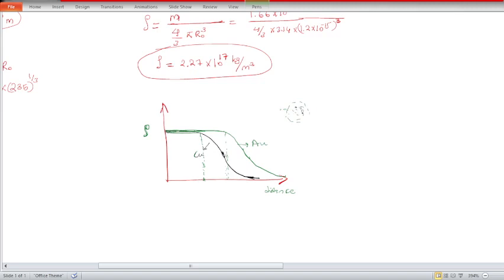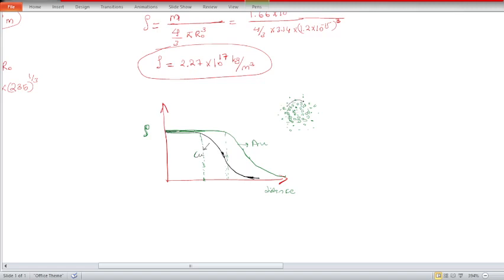which means the number of nucleons inside the nucleus is the same up to a certain distance, and then it starts decreasing. At the outermost region of the nucleus, the number of neutrons or protons will be less, but at the inner regions of the nucleus, the number of neutrons and protons taken all together, that is the number of nucleons, will be constant.